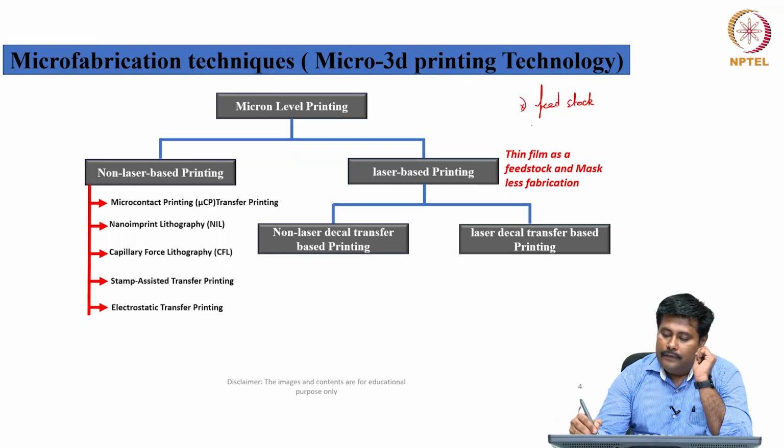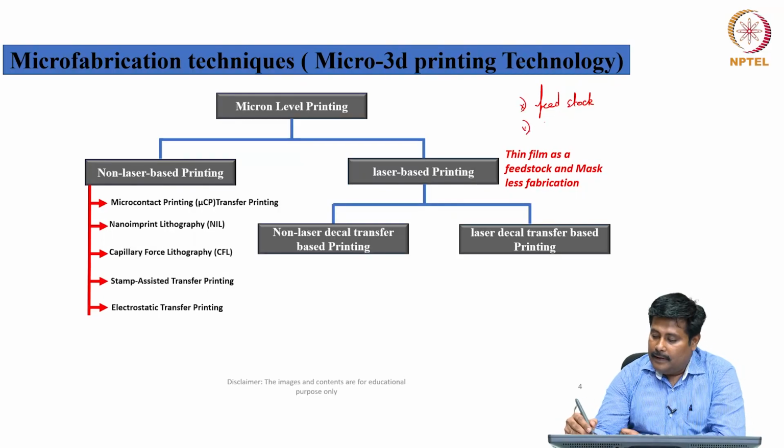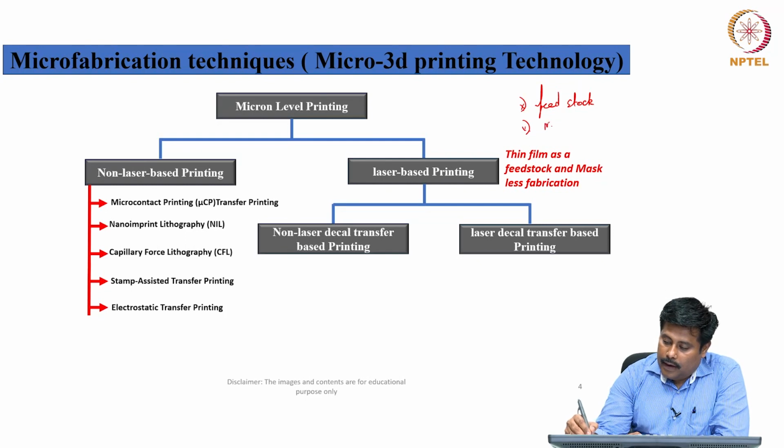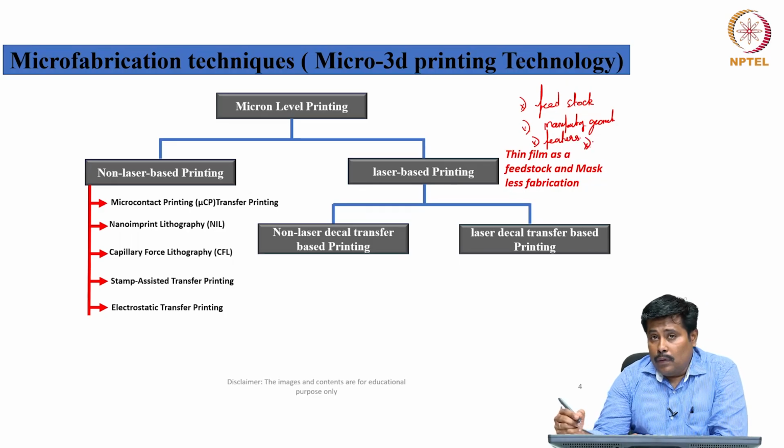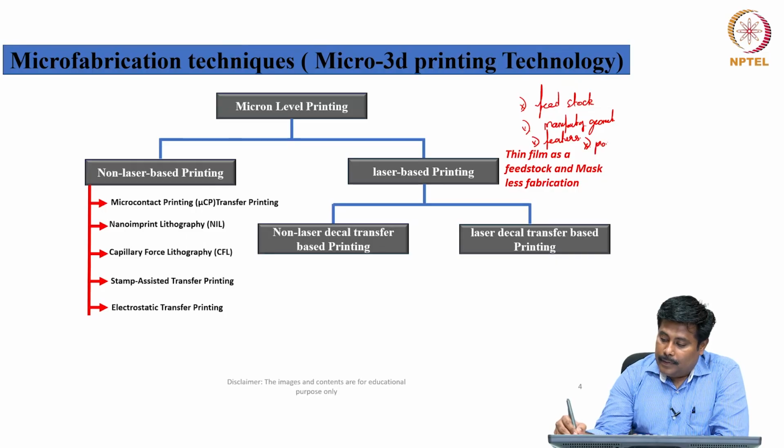So one is through the feedstock, another is through the manufacturing geometry, features and overall process capability.